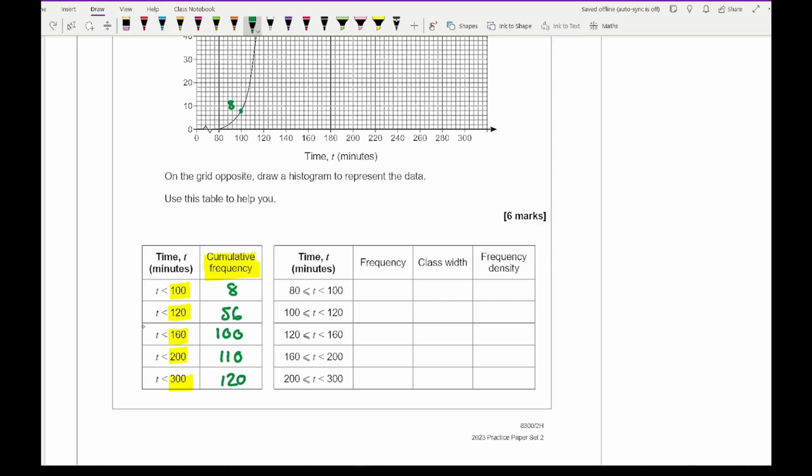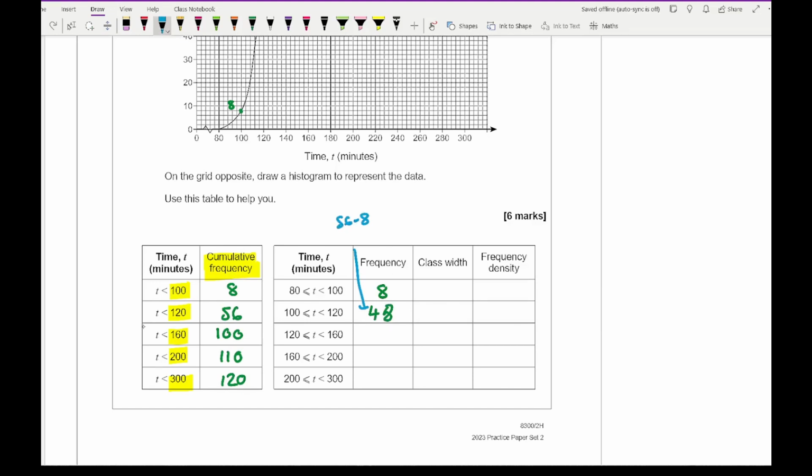Now moving on to the next table, to work out the frequency, all I've got to do, using the cumulative frequency values, is just take away the number above. So for this first frequency, it's just going to be 8 because I've got no numbers above 8. For the second one, I'm going to do 56 take away 8, which is 48. And let me just show you how I've worked that out. So this is going to be 56 take away 8.